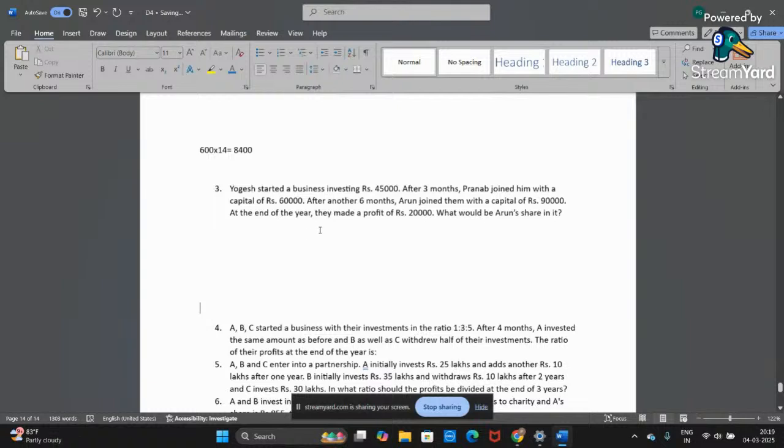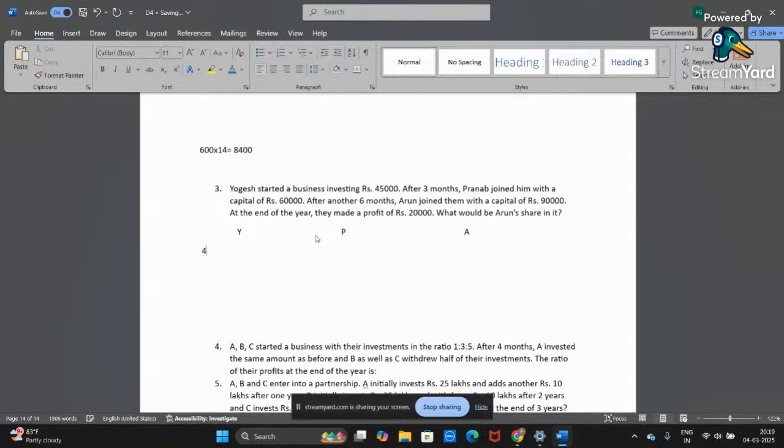At the end of the year, they made a profit of rupees 20,000. What will be Arun's share in it? There are 3 people investing in a particular business. So let's take Yogesh as Y, Pranab as P, and Arun as A.